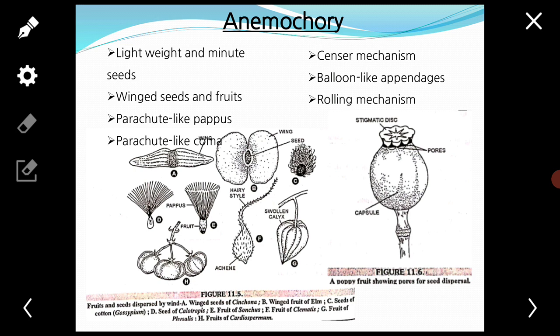Out of them, one is lightweight and minute seeds. Lightweight, minute, and dusty seeds are easily blown away to long distances by the wind or air currents.